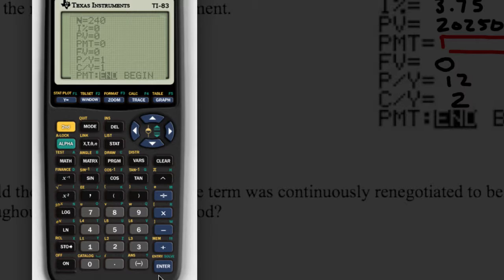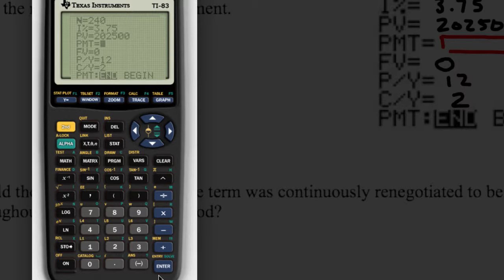Whoa, 240. Percentage 3.75. The present value is 202,500. Payment, we'll just leave it 0. That's what we're going to figure out. Future value 0. Payments per year is 12, and the compounding per year is twice. Always end when we work with mortgages.